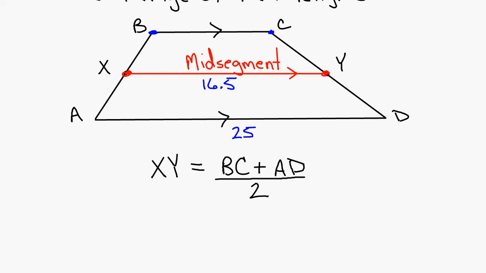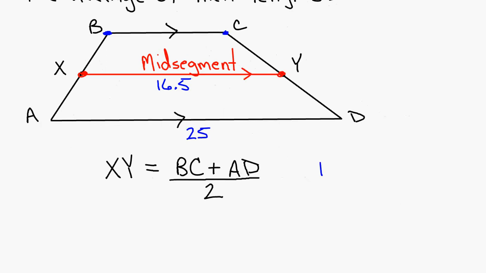Just plug it back in. You would replace the length of the mid segment with 16.5, so 16.5 would equal BC plus AD divided by 2.